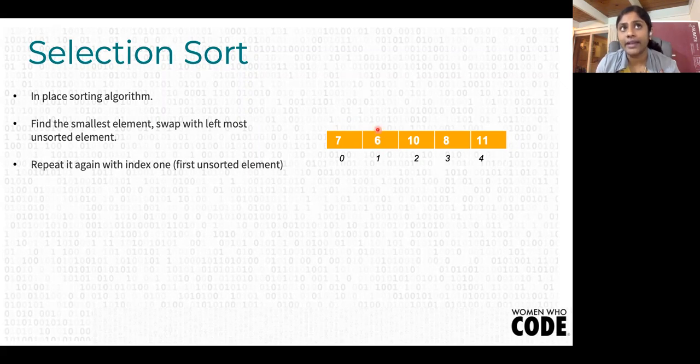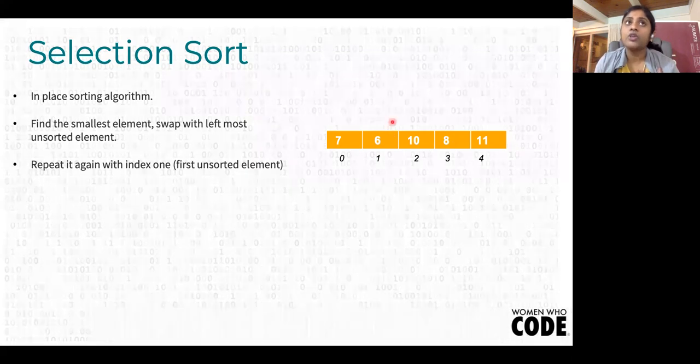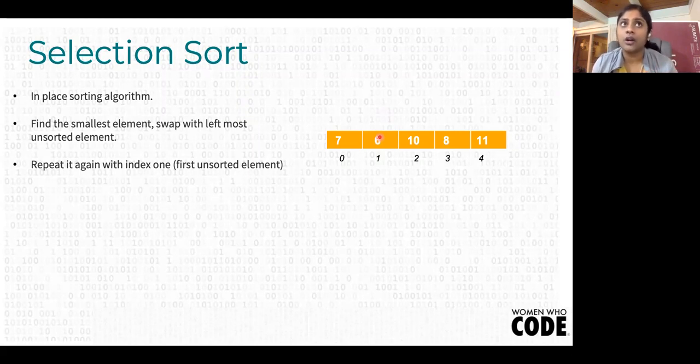Now starting at index 1 till the end of the array, find the smallest again. Once you find the smallest element, you swap that element with index 1. So now here we have 6, which is already the smallest element, so there is no swap needed. Now incrementing the counter from 1 to 2, see which element is smaller starting from this index.